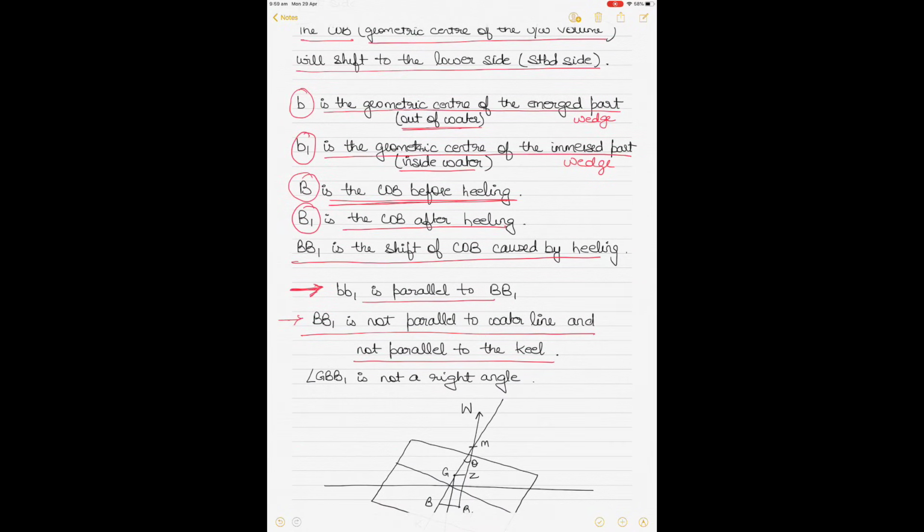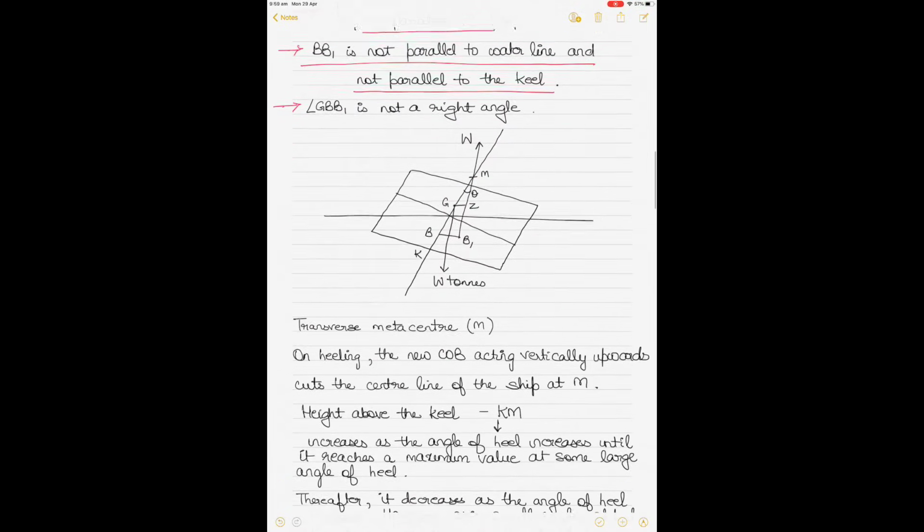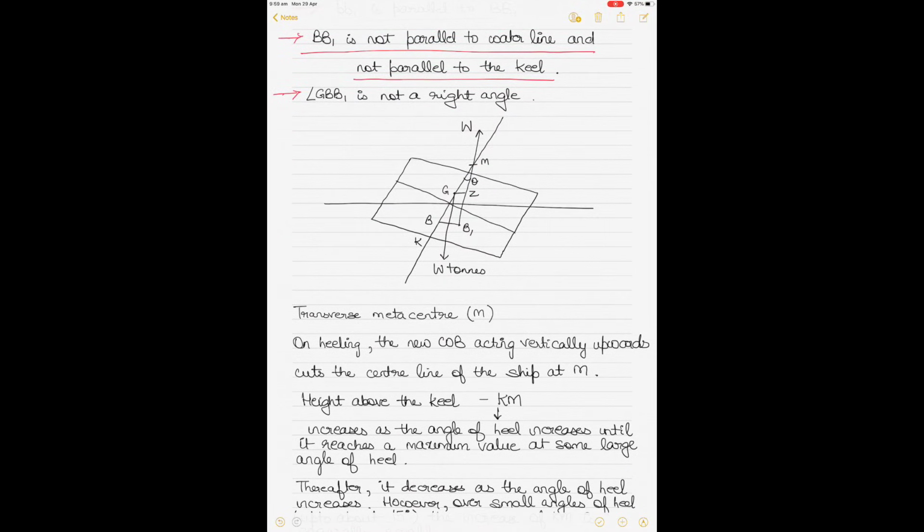It may seem so in the drawing here, but it's not the case. The angle G, B, B1, where B is capital, is not a right angle. So I will erase this. This angle, you think it's a right angle, it's not. It's a normal angle.